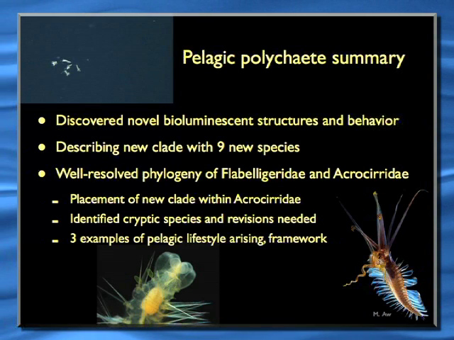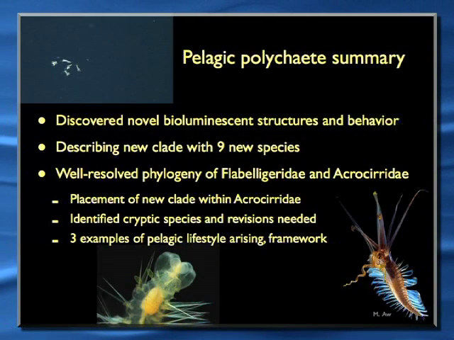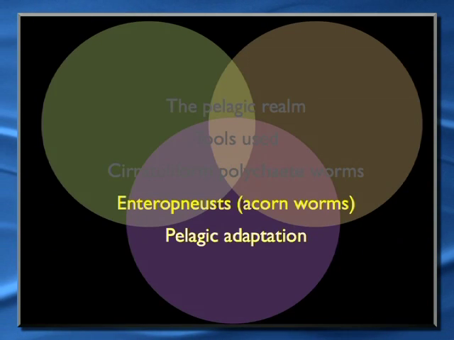Within the Pelagic there are species that were really widespread, and their morphology was not different enough to distinguish them, but they are genetically incredibly distinct, so there's definitely some taxonomic work that needs to happen there. And then we have 3 examples of pelagic lifestyle arising within these 2 groups.